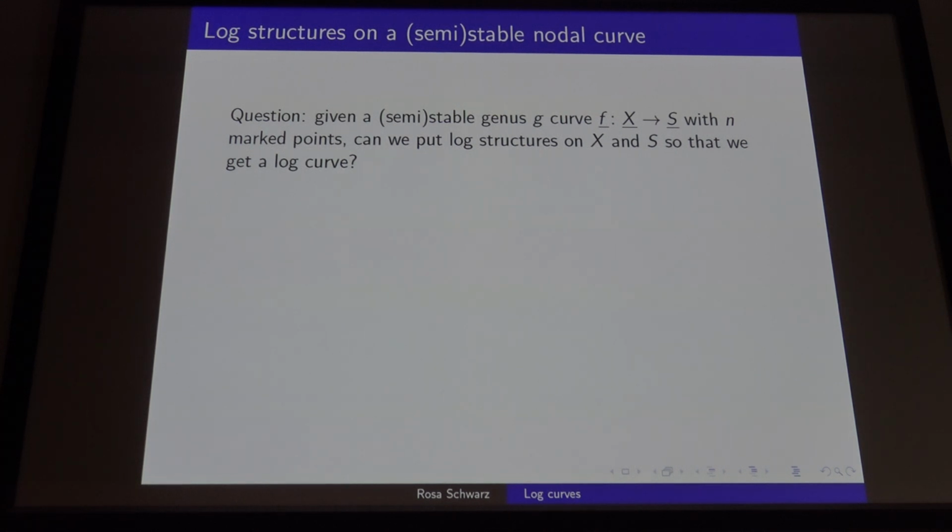Because I said in the theorem, if you get a log curve, then you have nodal points and you have marked points, so you want this to coincide with the nodal points and the marked points that you already had. And it turns out that there's a natural, or what they later call basic, way to give this log structure.